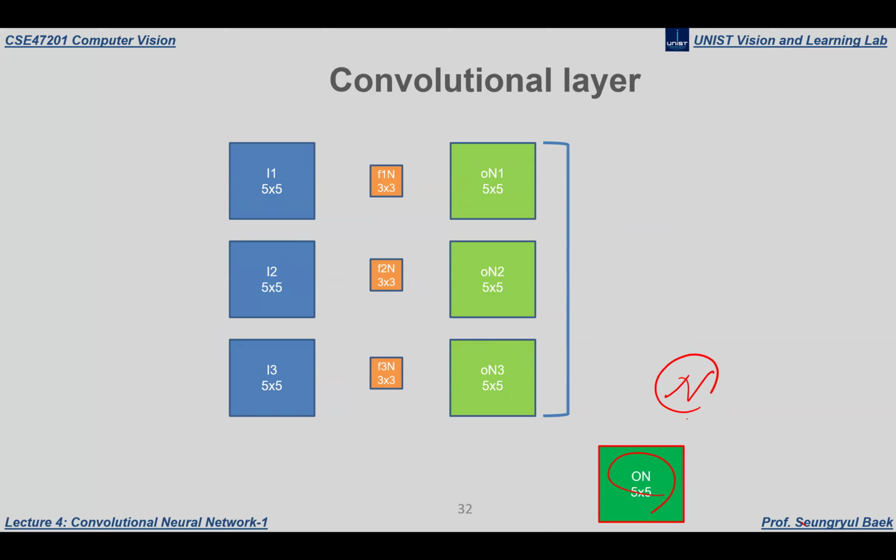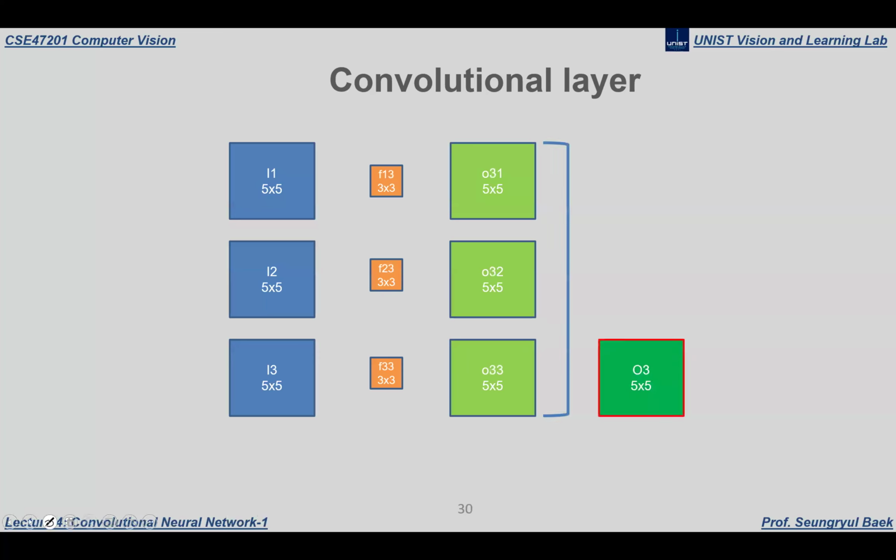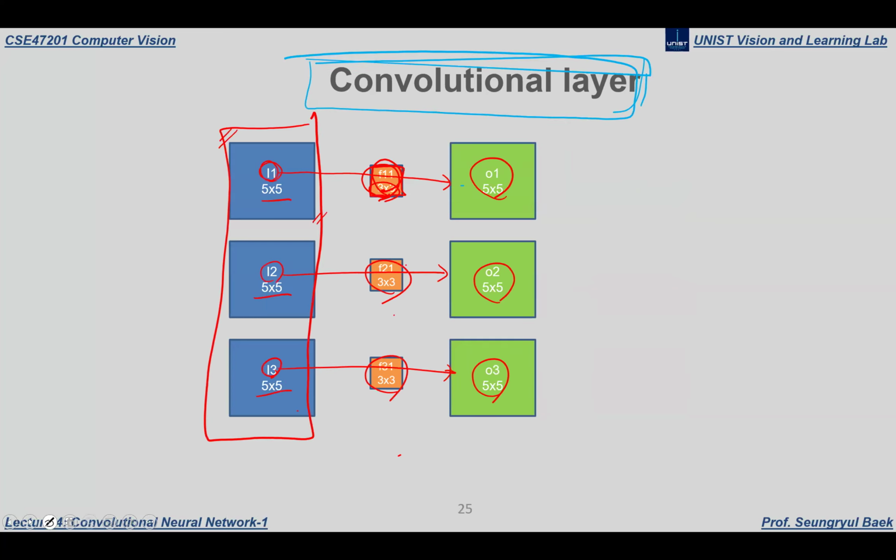So the thing which is changed here is you can see the index of this filter map is F11, meaning these filter kernels are mapping the first input to the first output channel.